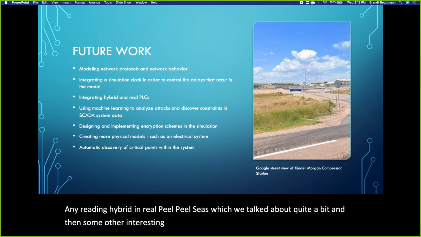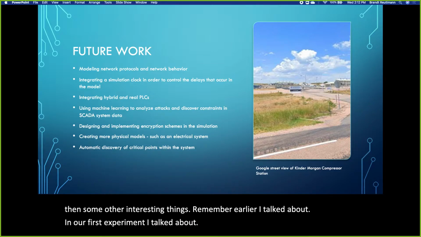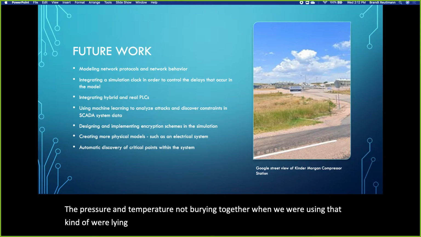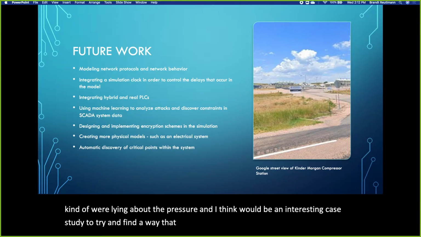So remember earlier, in our first experiment, I talked about the pressure and temperature not varying together when we were lying about the pressure. And I think it'd be an interesting case study to try and find a way that you could use machine learning or data analysis to discover constraints that exist like that.